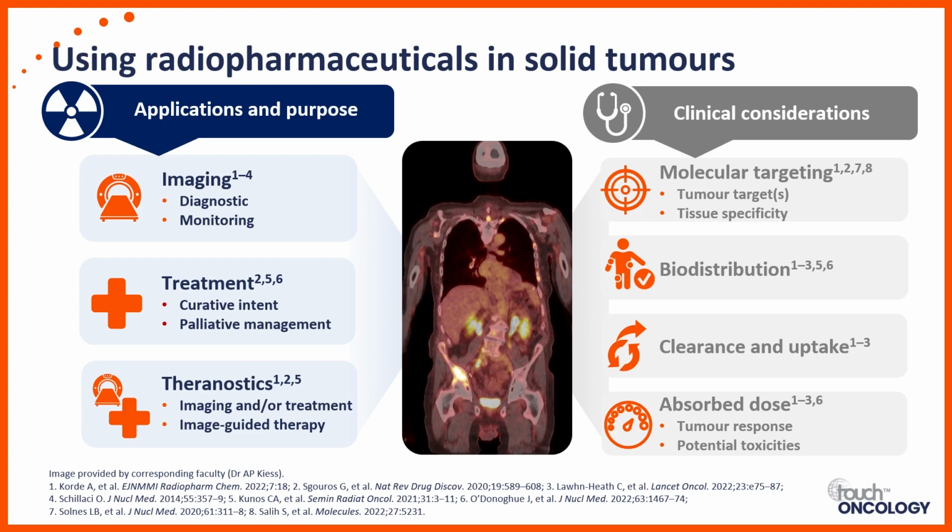Other agents are designed specifically for therapy, such as lutetium PSMA or lutetium dotatate, that emit beta particles or electrons that cause DNA damage for treating tumors. We also often have the ability to directly image the therapeutic agents, such as those labeled with lutetium, using SPECT scans so that we can do dosimetry calculations.